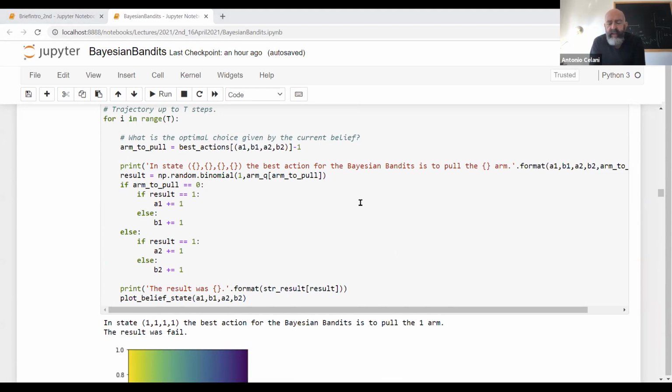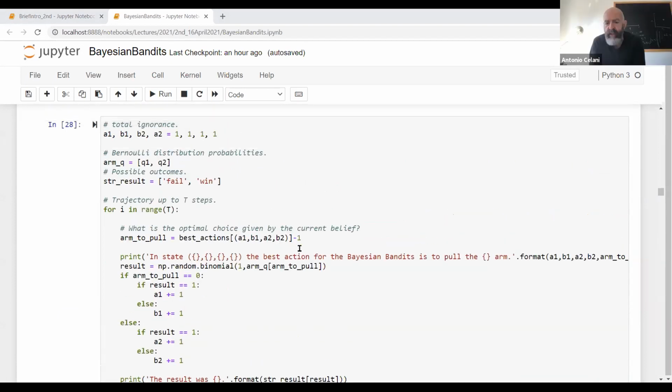You can construct very different kinds of heuristic strategies, like the ones I said before, which are definitely suboptimal, so too exploitative or too explorative. There are other strategies. One of them very famous is called Thompson sampling. What it does is just looks at the current belief, and then extracts one state at random according to the belief, and picks the optimal action for that state.